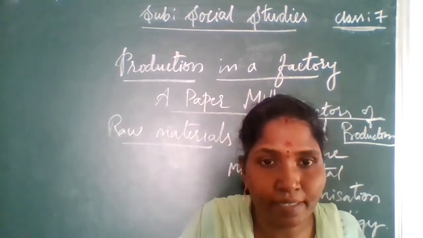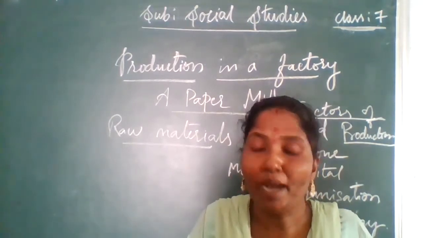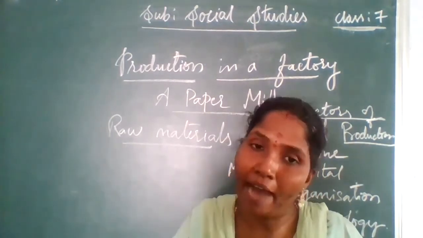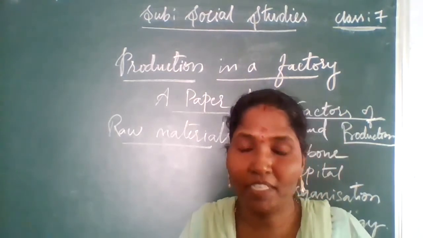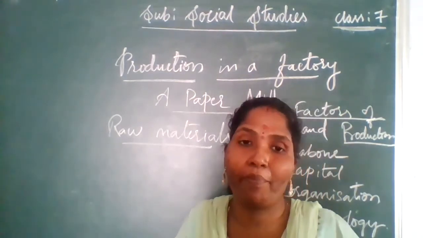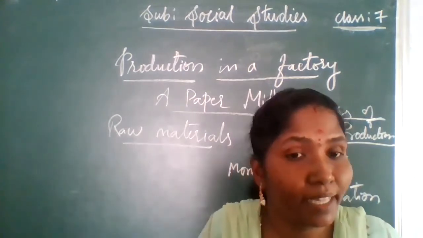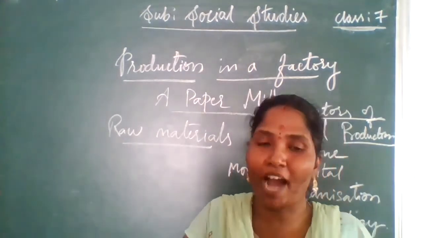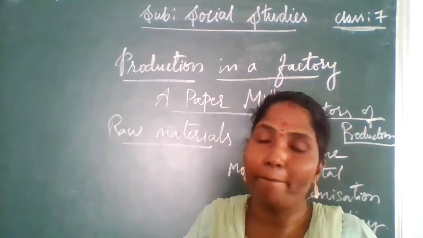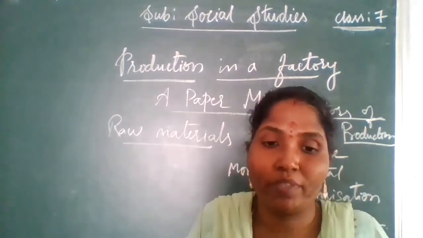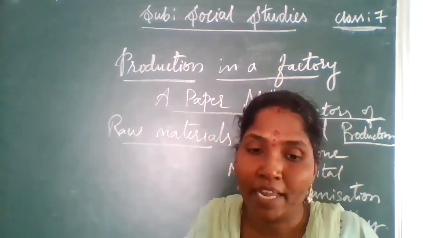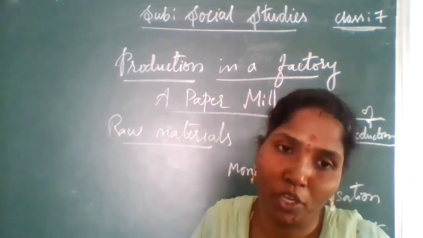In our state, Telangana, in two districts we have these factories where paper is made. What are the districts? Sirpur Kaghaznagar and Bhadrachalam, that is Komaram Bheem district and Bhadradri Kothagudem district.